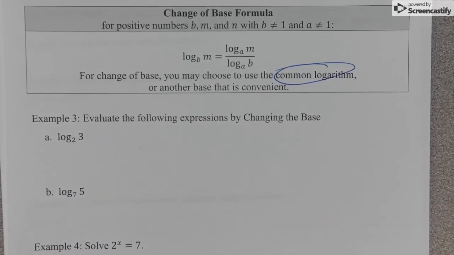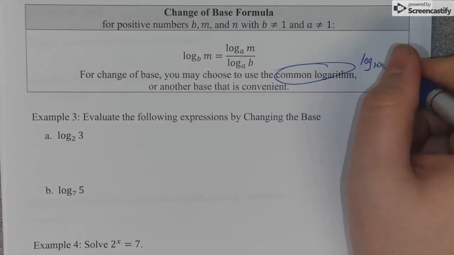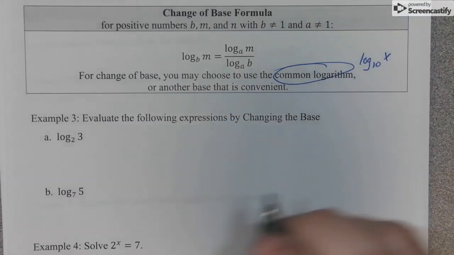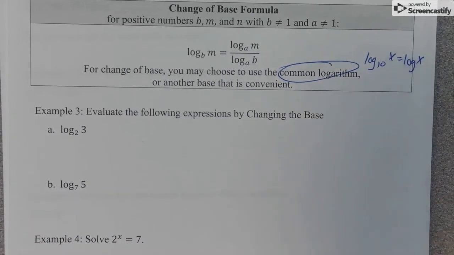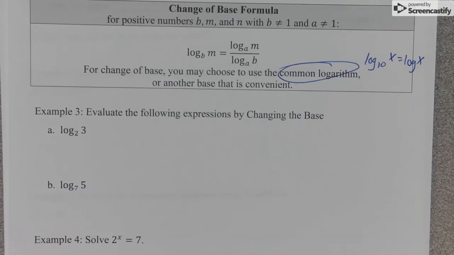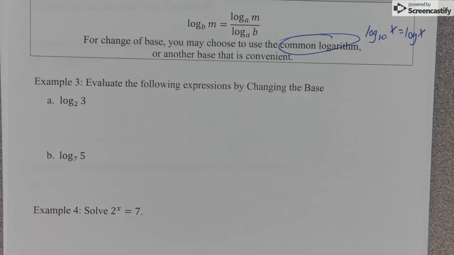So let's look. Log base 2 of 3. If we're going to use base 10, or the common logarithm, remember log base 10 of some number x is the same thing as log of x. Those mean the same exact thing. They can be used interchangeably. So in number 3a, log base 2 of 3, I can rewrite that.